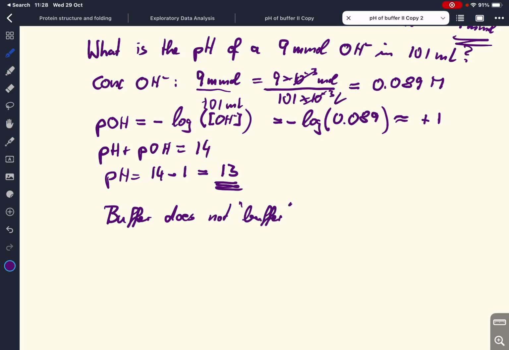Buffer doesn't buffer anymore. And the reason for that is because the capacity of the buffer has been exceeded.